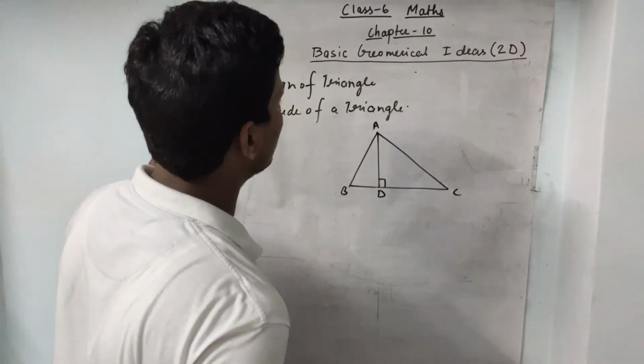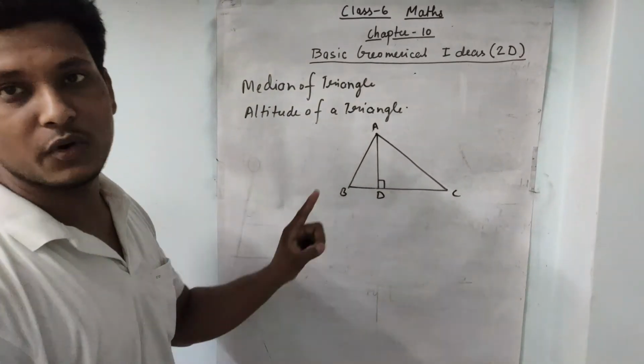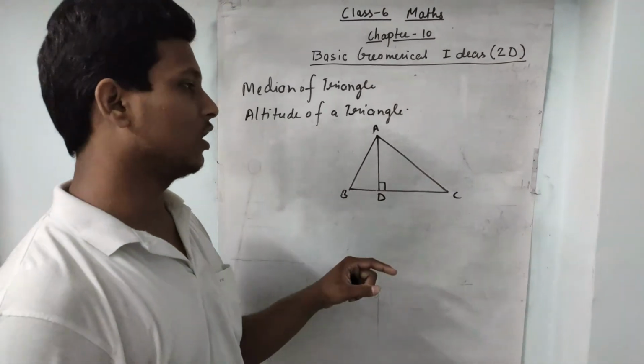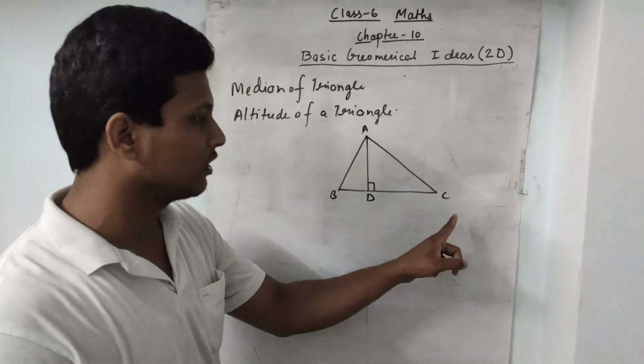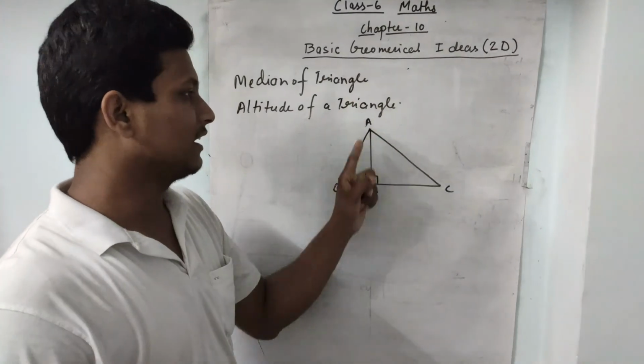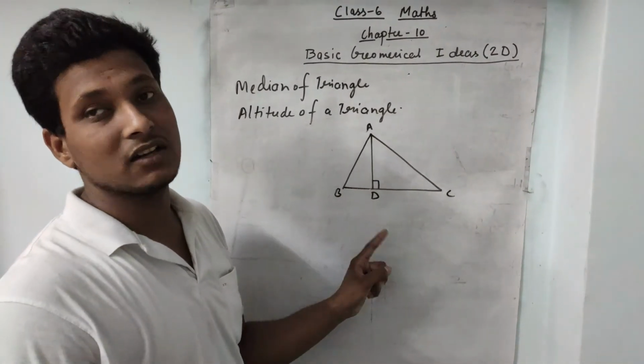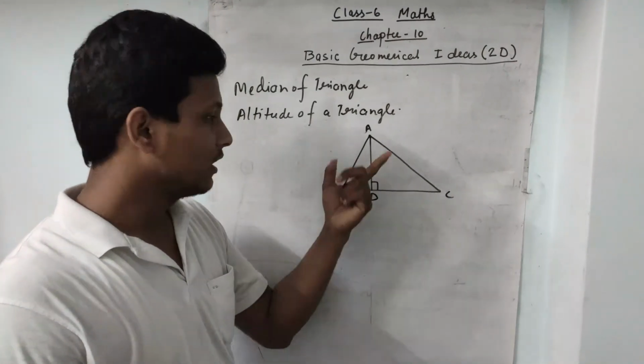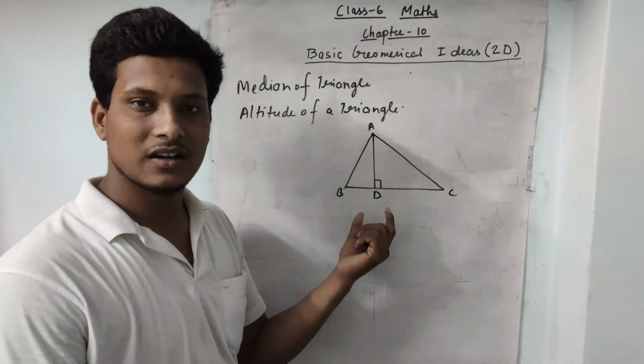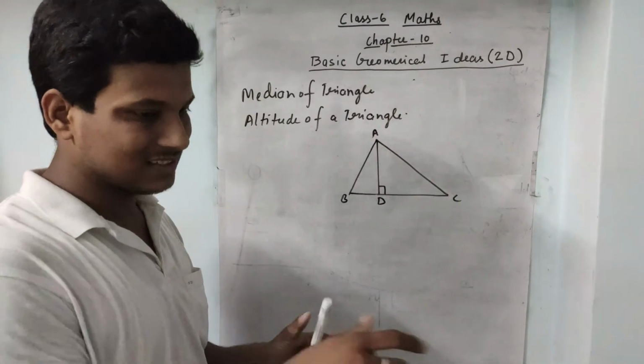So AD is the altitude of triangle ABC from point A. We can draw three altitudes, from point B and point C also. It does not meet the middle point, but it makes a 90 degree angle with the opposite side. So that is called the altitude of the triangle. Okay, so this is the part on triangles.